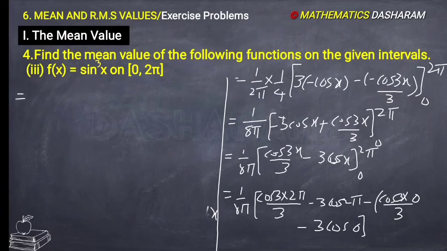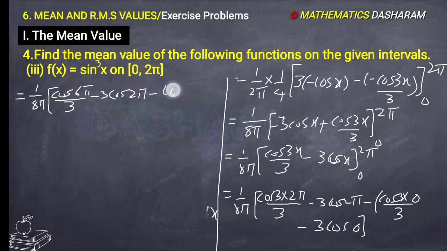It is equals to 1 by 8 pi cos 6 pi by 3 minus 3 into cos 2 pi minus cos 0 by 3 plus 3 into cos 0. So it is equals to 1 by 8 pi.